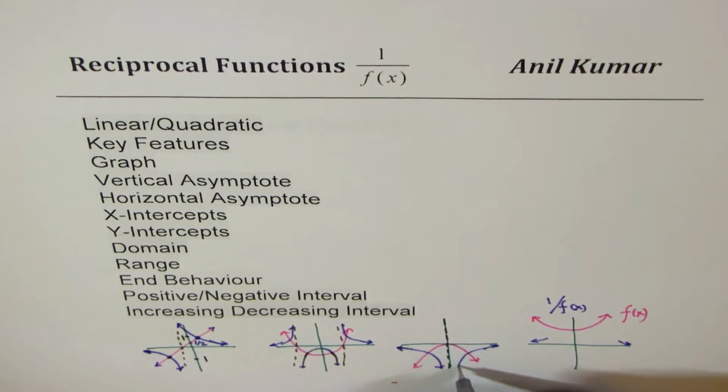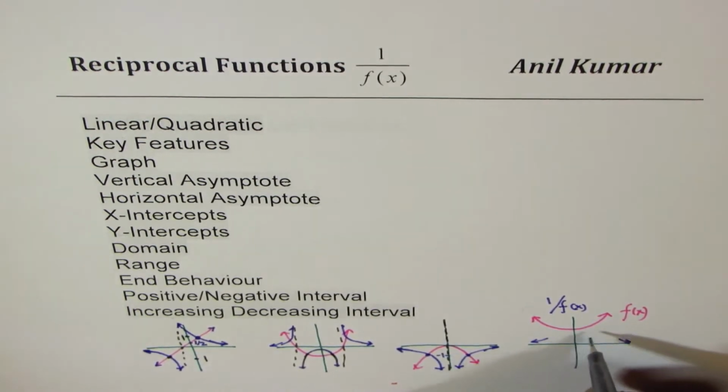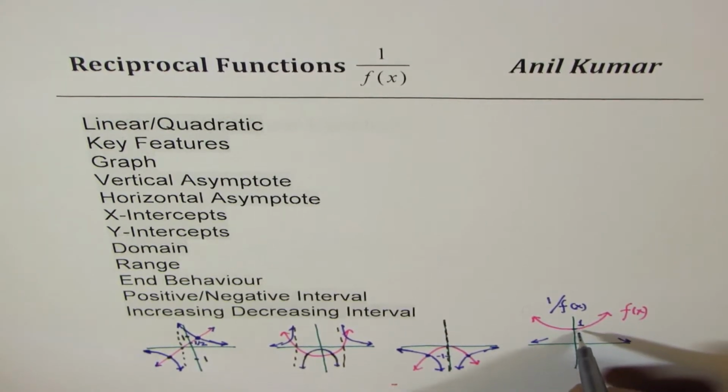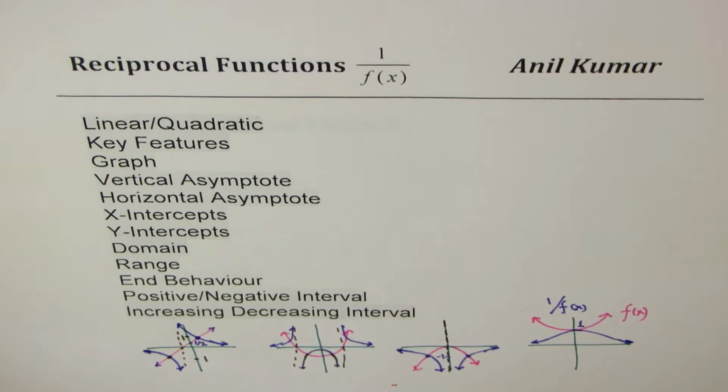These are the graphs for the reciprocal functions, and this point, invariant point, will be at -1, correct? In this case, let us say this value is 1. In that case, the reciprocal of 1 is also 1. So both the graphs will have this point as common. It's called invariant point, correct? So that is how you're going to get the graphs for reciprocal functions.